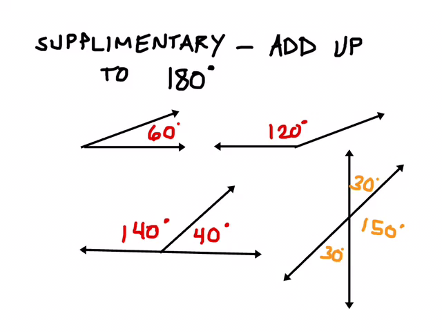I also know the angle across from it, by the way, is 150 for one of two reasons. One, because they're vertical from one another, and also because it's got its own supplements on the other side. So it's next to those two 30s, again adding up to 150 or 180.